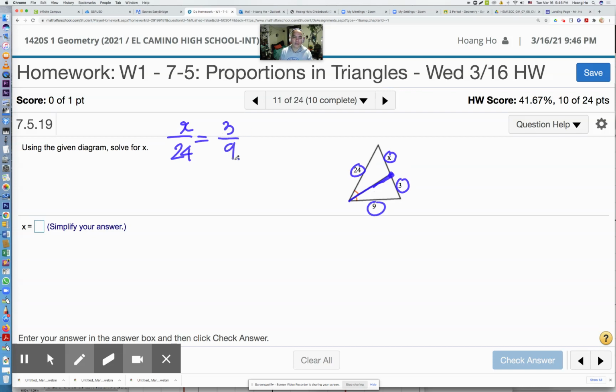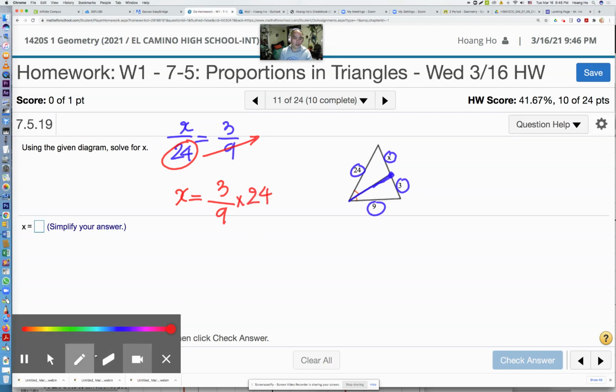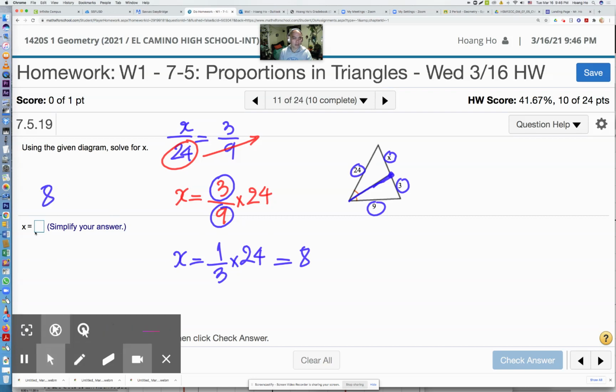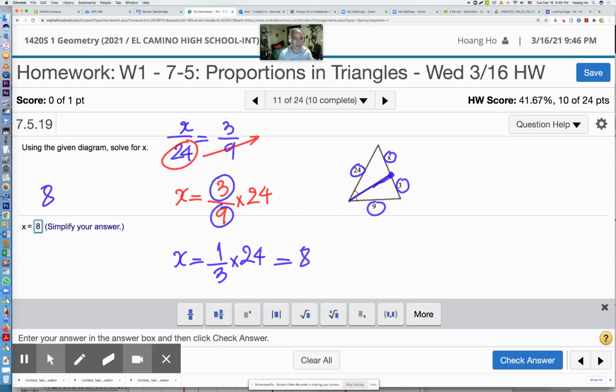Cross multiply 24 to the other side, then I got x equal 3 over 9 multiply 24. Simplify the answer as much as I can. 3 over 9, simplify, that is 1 over 3, and 24 divided by 3 is 8. So the answer comes out 8.